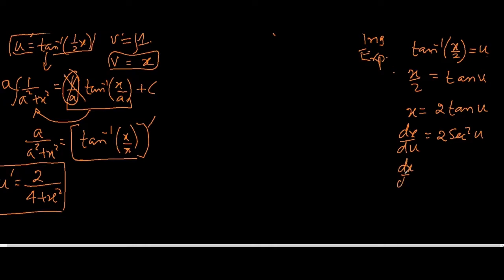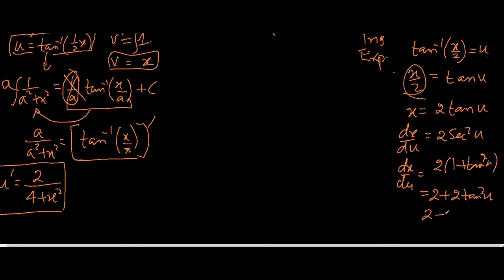dx over du becomes 2 times 1 plus tan square u. That is the identity, right? Which is 2 plus 2 tan square u. Now we have already known that tan u is x over 2.